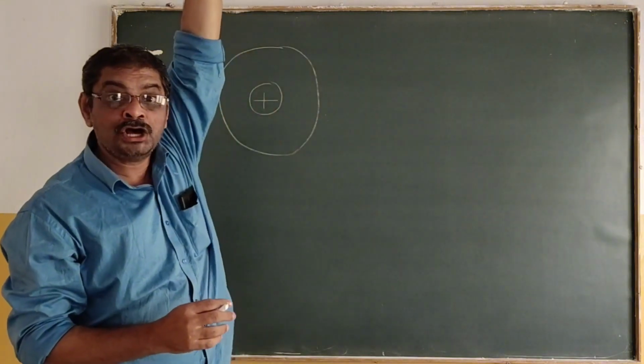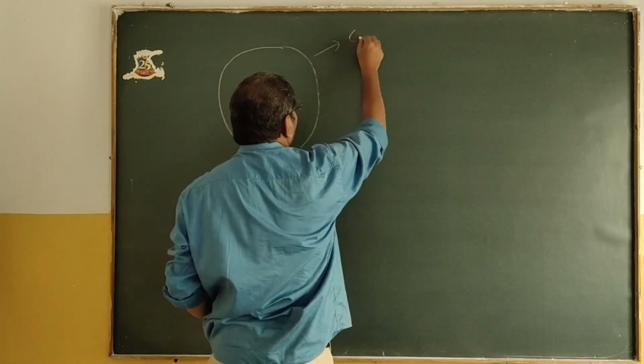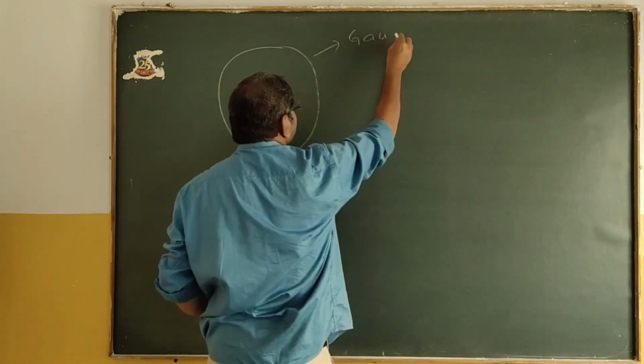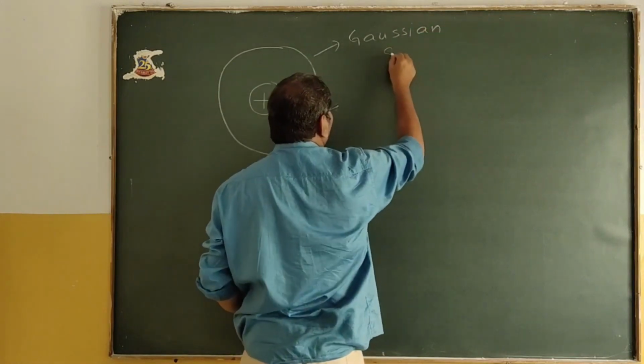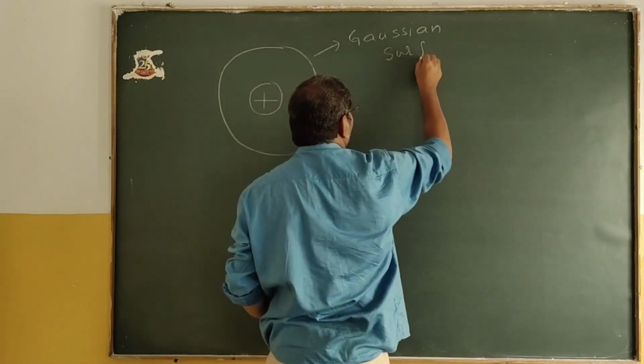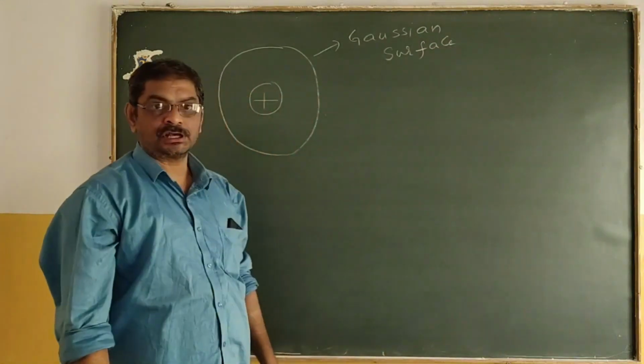Remember, this closed surface will be generally called the Gaussian surface.